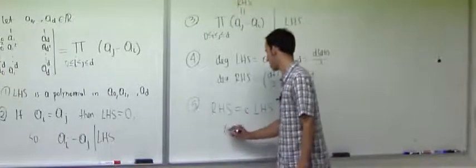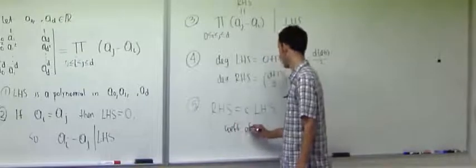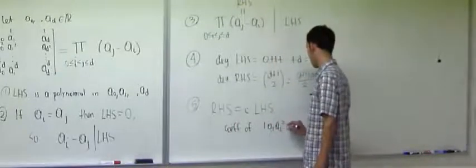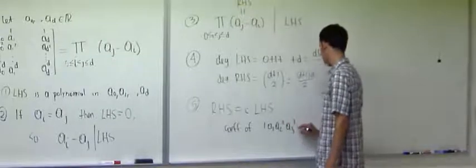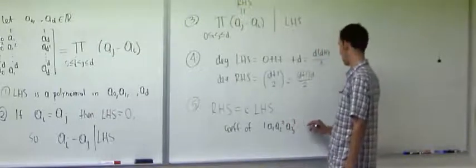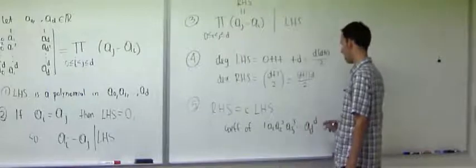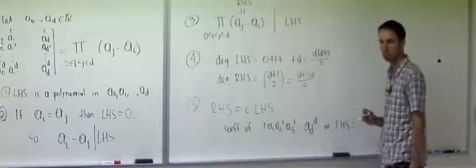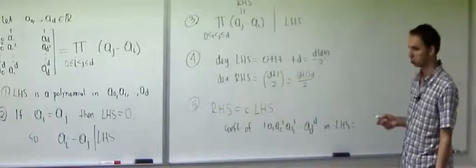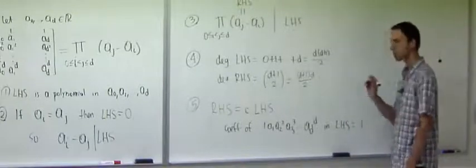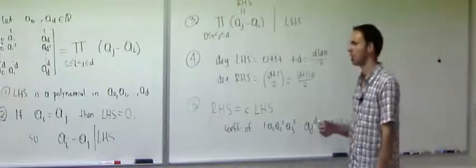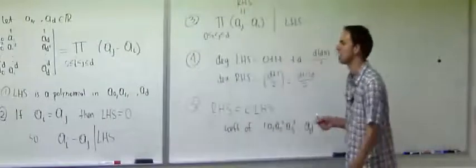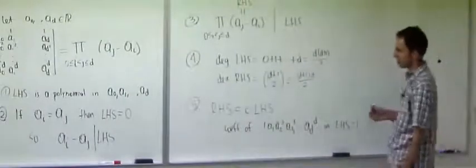And then the way we do that is we say, what's the coefficient of 1, a1, a2 squared, a3 cubed, up to ad to the d in the left-hand side? It's 1. It's 1 because it's the main diagonal, so it comes with no sign. And what is it on the right-hand side?